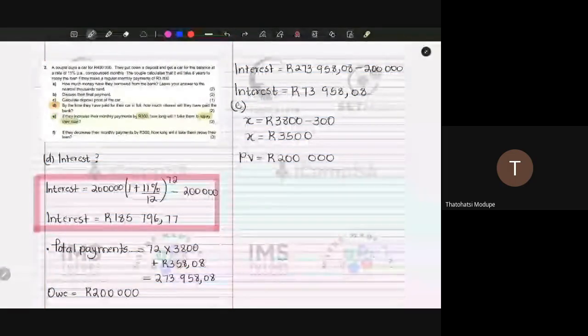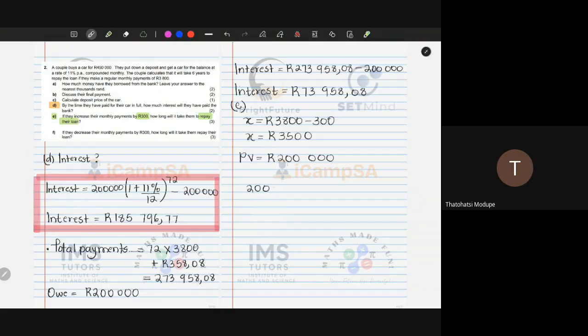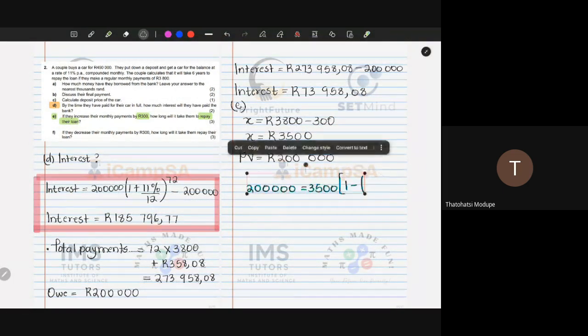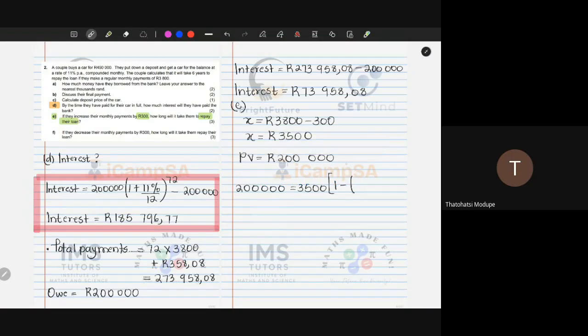Our PV is now 200,000, and our X is now 3,500, so 3.5 into 1 minus our interest rate, which is still the same, 11%. Sorry, I need to put in 1 plus. I hope this does make sense, guys.